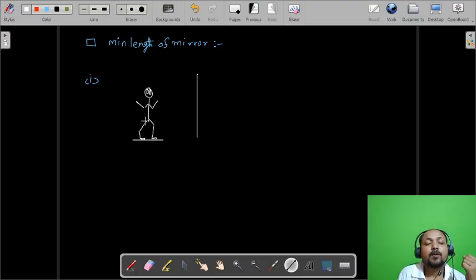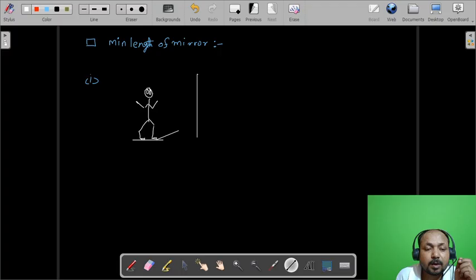First of all, we have to trace a ray diagram such that the ray is incident from the top to the bottom of the object, covering the whole portion of the object, and after reflection it should enter the eyes of the observer.